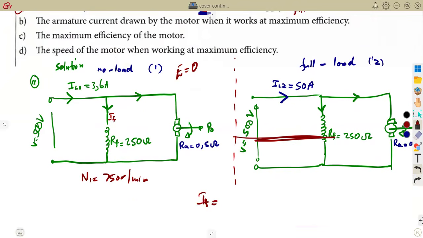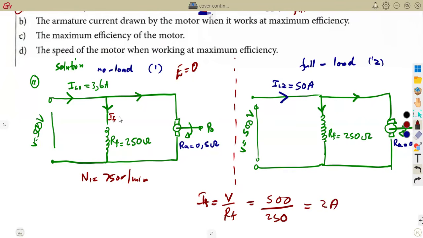As you can see, there's nothing that is affected. There's no additional resistor there. So V over RF for the field, that's 500. I'm not answering the question, guys. I'm just trying to fill in my diagram. So this is going to give us 2 amps. Okay. So meaning to say here we've got 2 amps, the same as this part of the field, 2 amps.